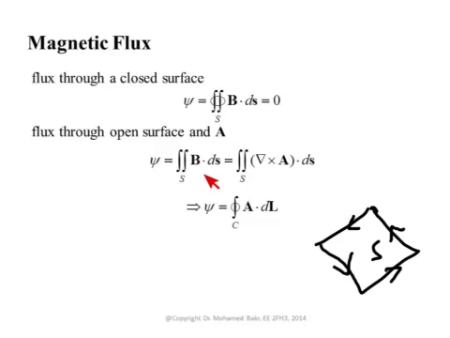Either you integrate B dot ds directly through that surface, and you calculate the total flux coming out from that surface by B, or, if you have A, you can integrate A around that closed contour surrounding the surface, and this will give you exactly the same answer.